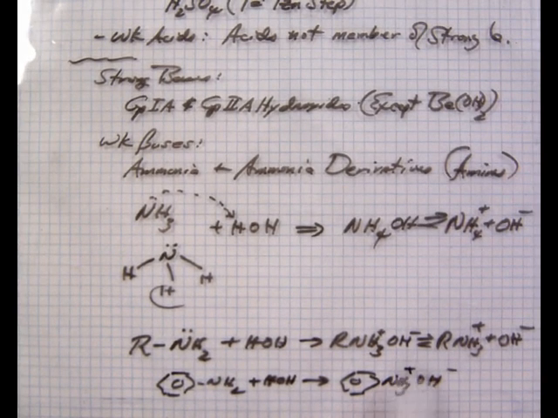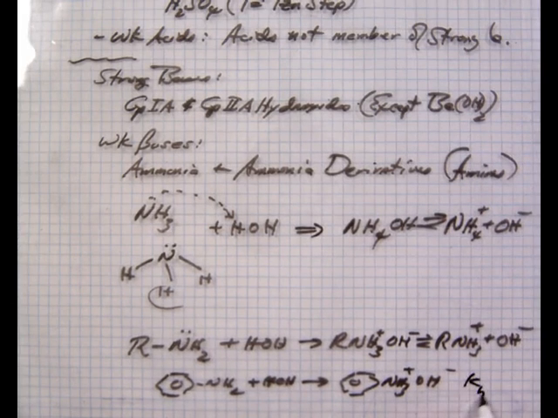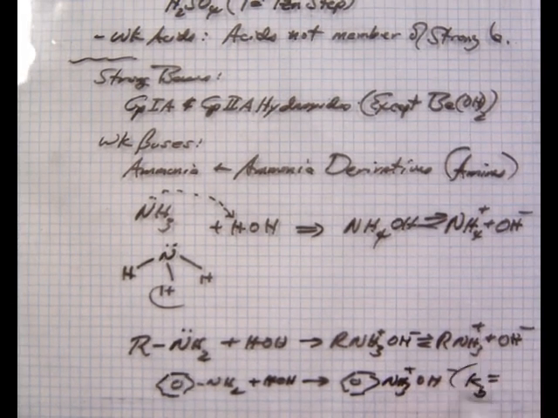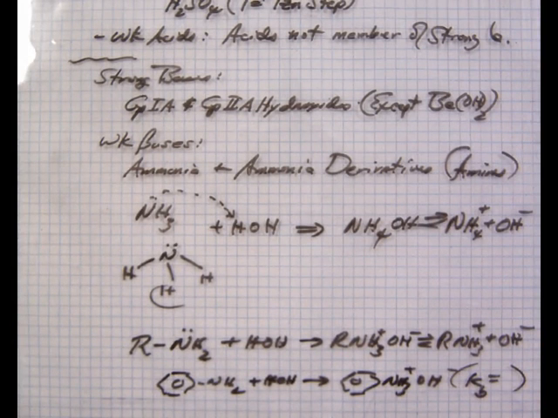And then you would figure your weak electrolyte and weak base problem on this, and it'll have a Kb equal to, I don't know, something. It'll have a number, and that'll be given in the problem. So it's one of those OH equals square root formulas, Kb times the concentration.